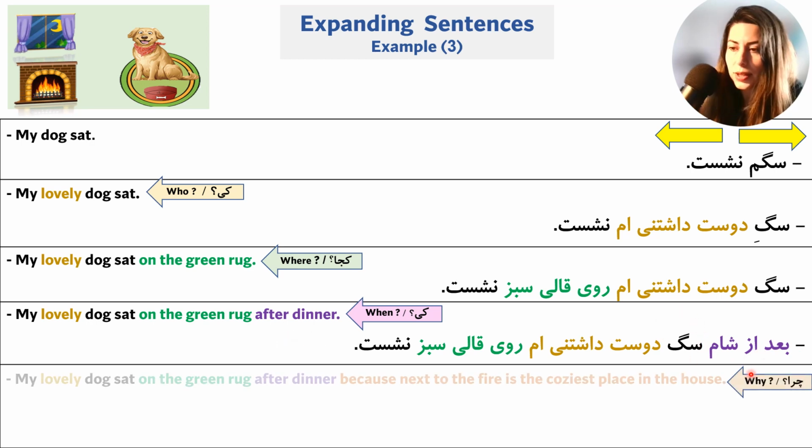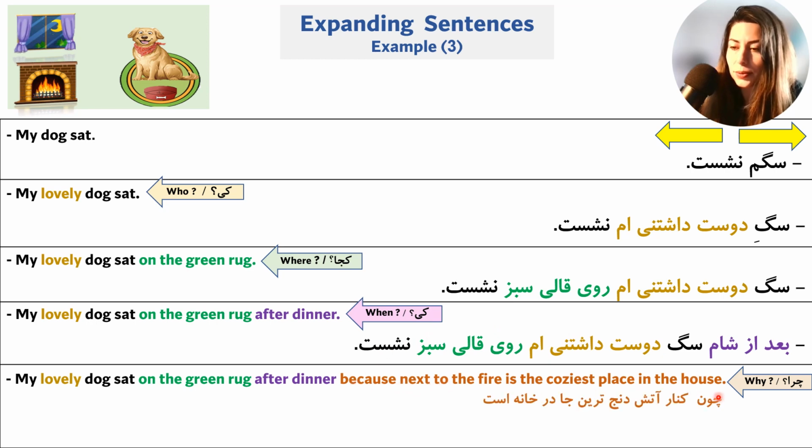What else? We can add چرا because next to the fire is the coziest place in the house. Okay. چون کنار آتش means next to the fire. دنج ترین. We have already learned the superlative adjectives. So دنج means cozy. So coziest, دنج ترین. And then جا is place. در خانه است.